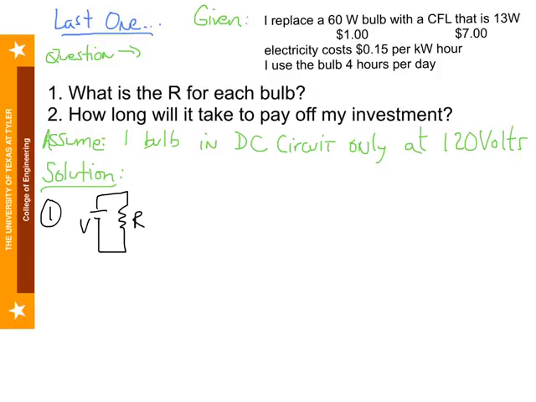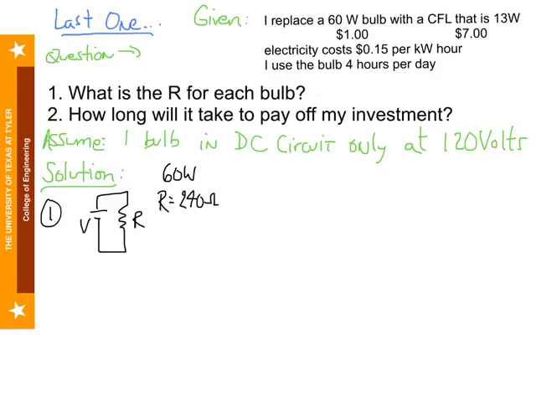And I know that in the first case I have 60 watts of power, and if I go and look at the previous lesson in this series, I can actually calculate the resistance if I know the power, and I get 240 ohms.